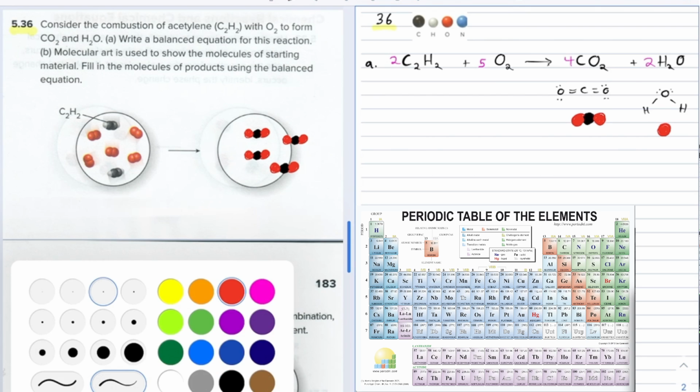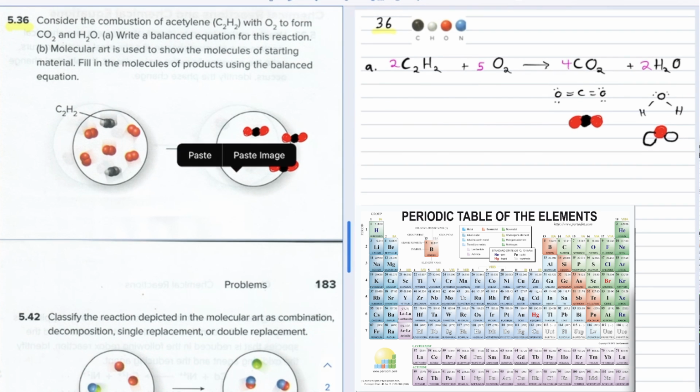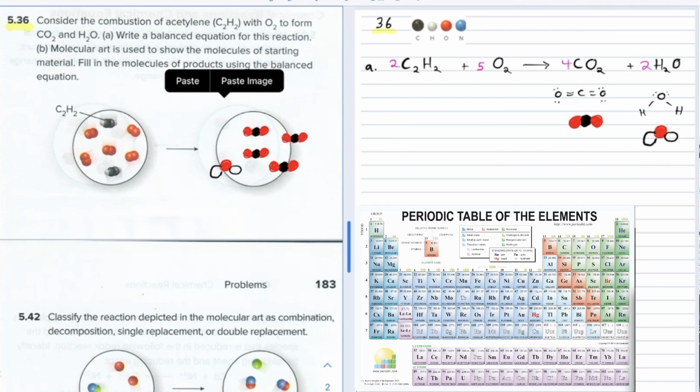So just do white like this. This is going to be a bent molecule. Okay, I'm not really drawing these to size. The hydrogens are smaller than the oxygen. So let me take this. And how many waters we got? We got 2 of those. Okay, so 1, 2, and there we go.